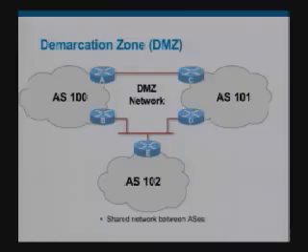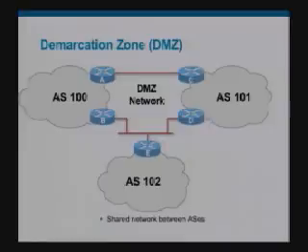I've just got some terminology here. The demarcation zone is generally what's called the bit of network that sits between autonomous systems. So, for example, going between, say, AS100 and AS101, the demarcation network is the link between A and C. Generally, a point-to-point link like this is jointly owned by both autonomous systems, or nobody owns it.